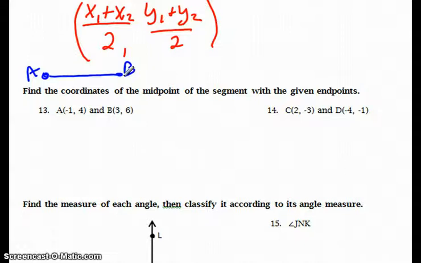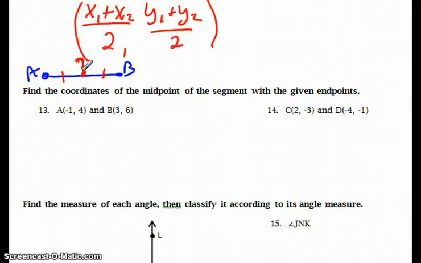And it will definitely not be horizontal looking at the points, but just so you can see what they mean by midpoint. So I want the point, this point right here, that will fall in the middle of A and B if A is negative 1, 4 and B is 3, 6.